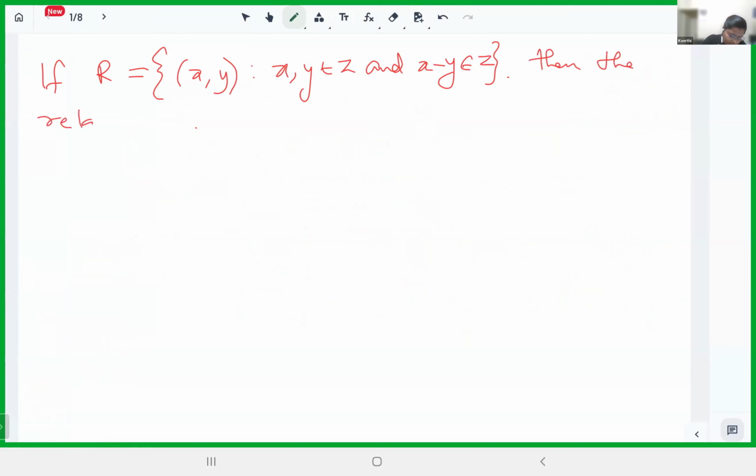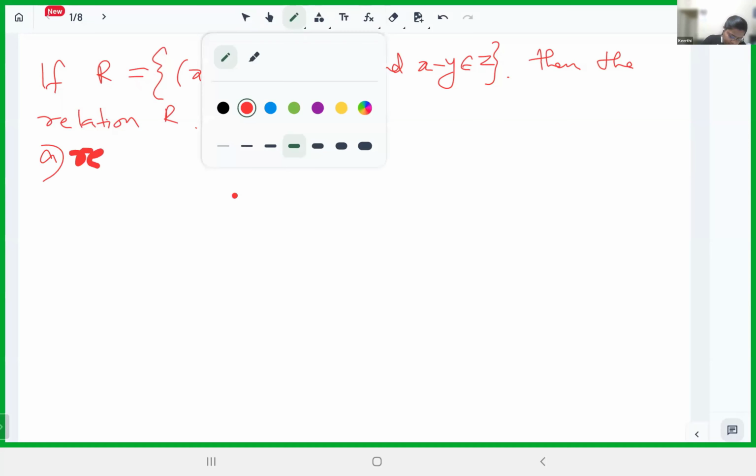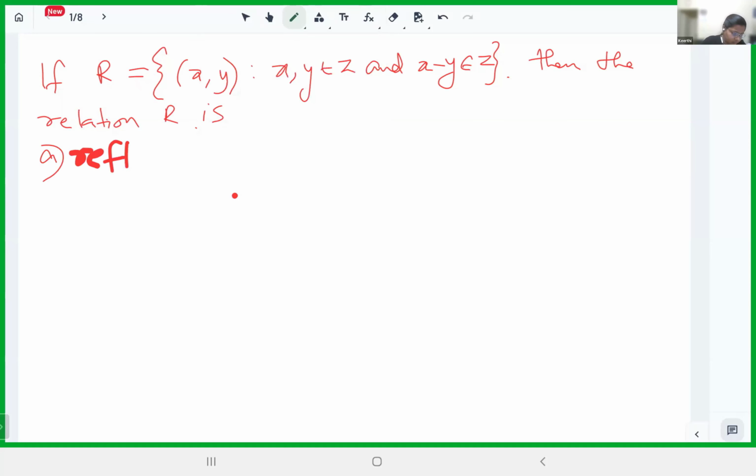If R is equal to the set of ordered pairs (x, y) such that x, y is an element of Z and x minus y belongs to Z, then the relation R is: A, reflexive but not transitive.